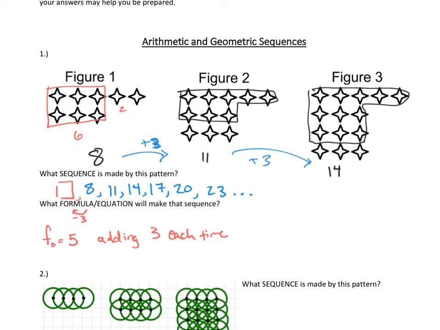So my formula, because this is arithmetic, because I'm just adding every time, I'm not multiplying, we'll call it f of x equals my 0 number, so 5 plus 3x. That's my formula. Okay, cool.